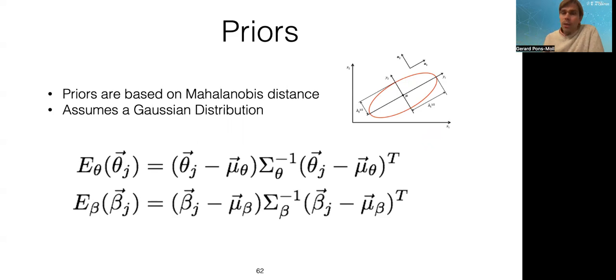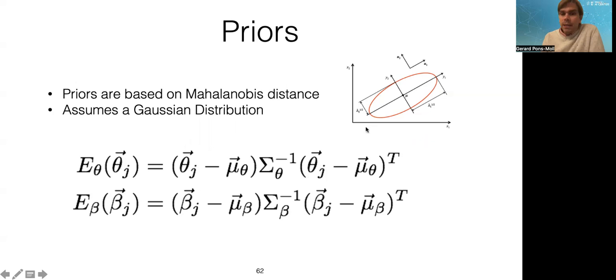So remember that you can turn a likelihood maximization into a minimization by minimizing the minus log likelihood, which basically would take the exponent, put it down, and remove the sign. So you will obtain something like this: theta minus the mean, times the inverse covariance matrix, times theta minus the mean.